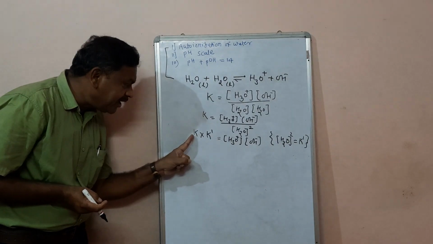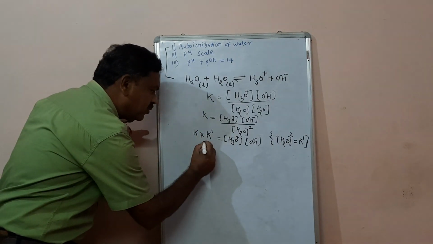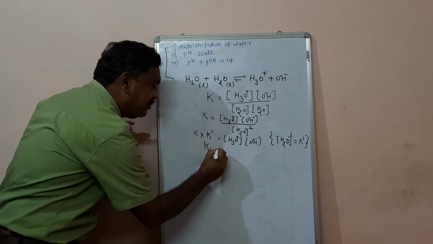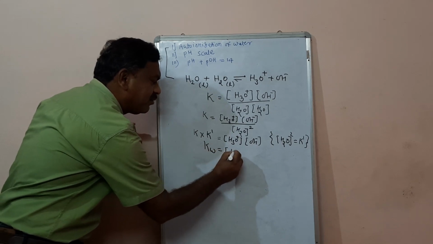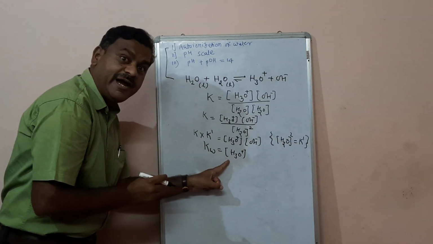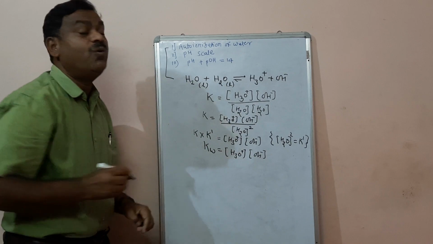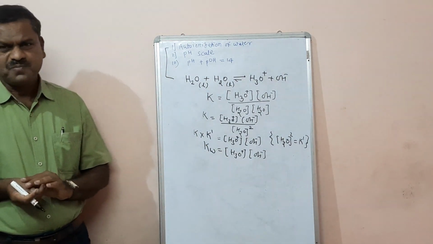Therefore, K into another constant then is equal to Kw, and Kw equals the concentration of the hydronium ions into concentration of the OH minus ions.